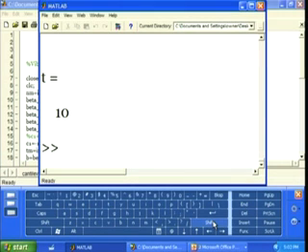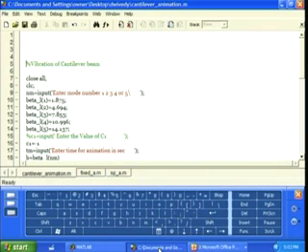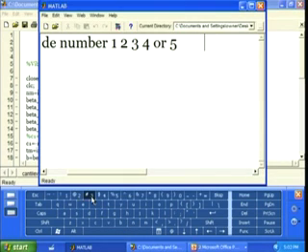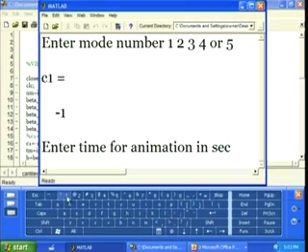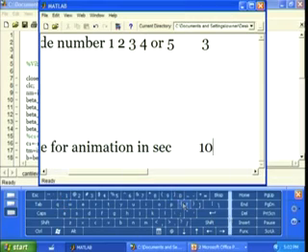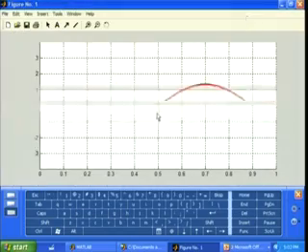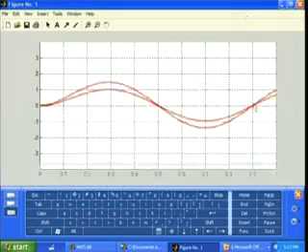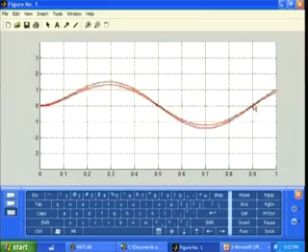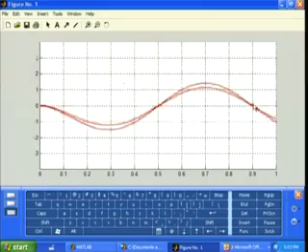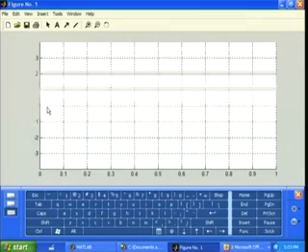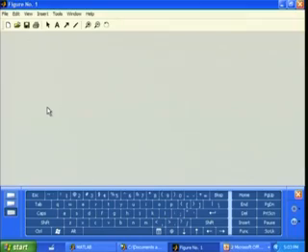In case of the third mode you can observe there are 2 nodes present in the mode of vibration. You can clearly observe there are 2 nodes, one node here and the other node here, in case of the third mode of vibration of a cantilever beam, and at the fixed end you can clearly observe the slope is 0 and the displacement is also 0.